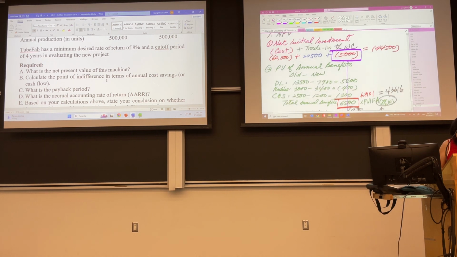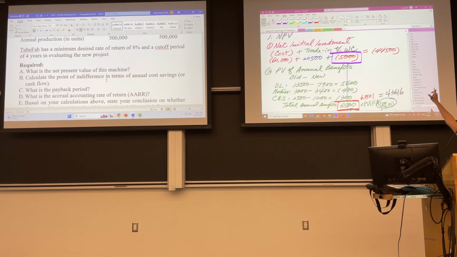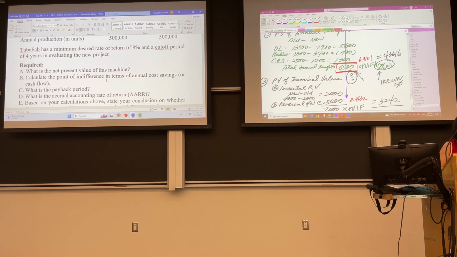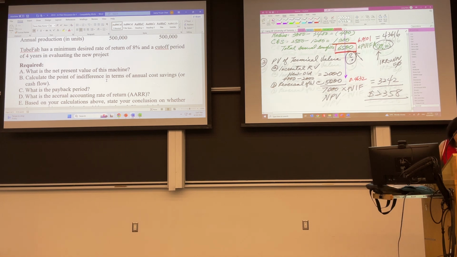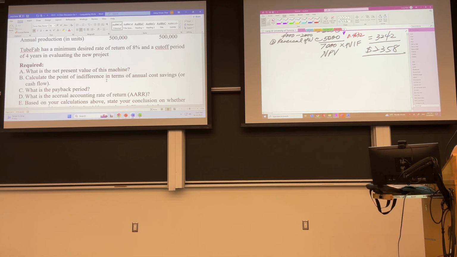Okay, so I have investment. I don't know this amount, so basically this amount we don't know. Times this interest factor plus the final, this number will make the whole thing equal zero. Okay, so this is the point of indifference in cost savings.